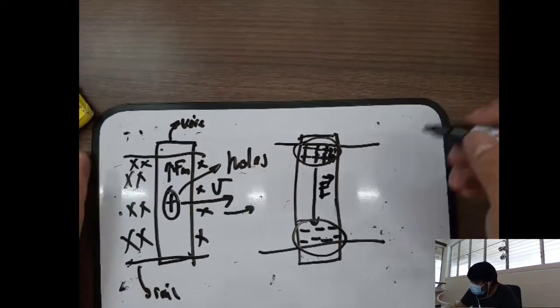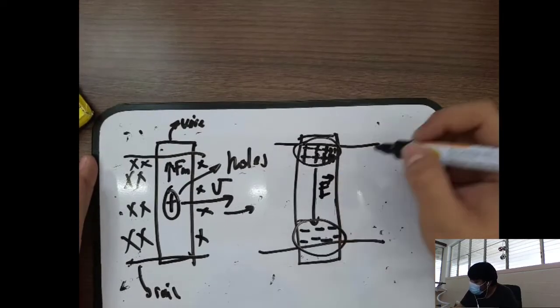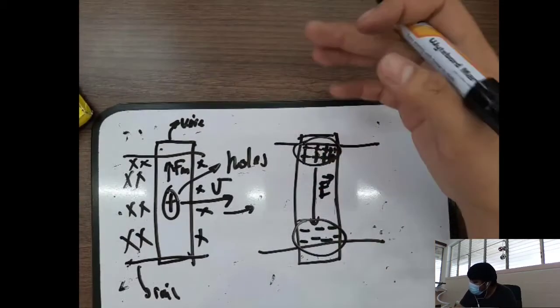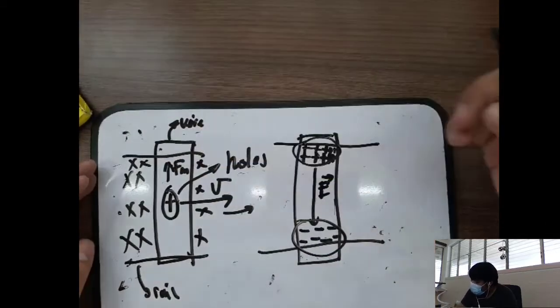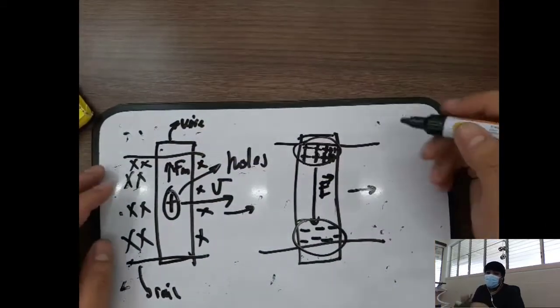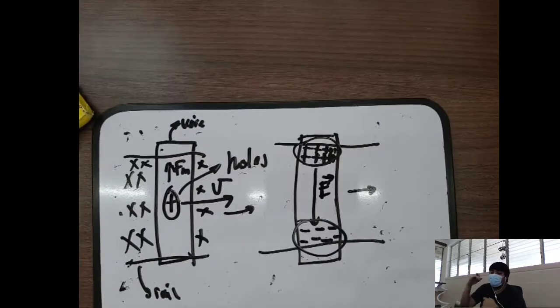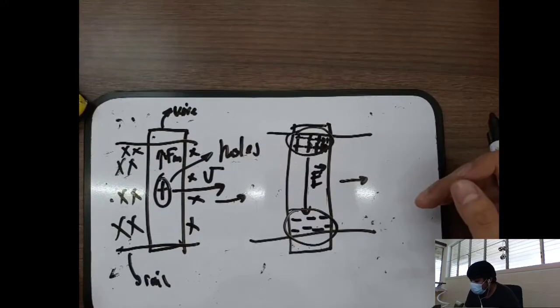Now this will continue. As you move the conductor away at a certain velocity, the greater the separation of the charges will be. Now let's say their separation is not yet complete.